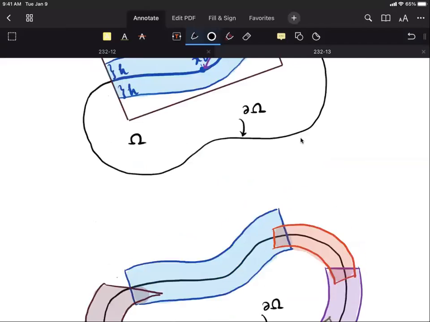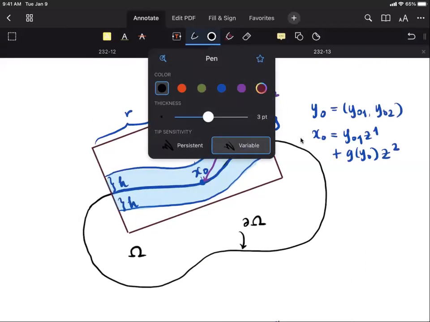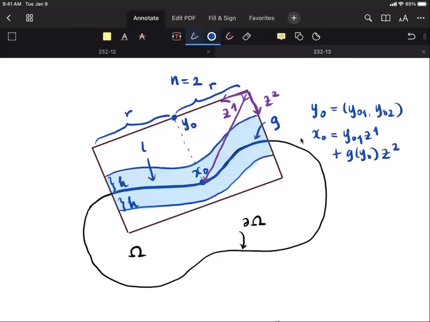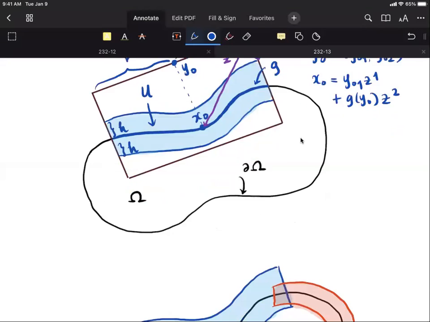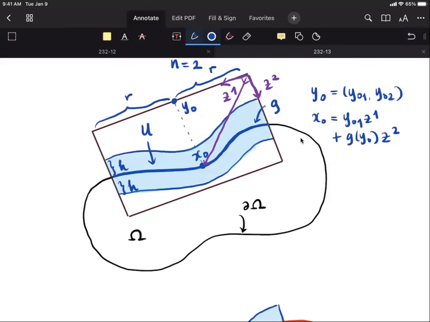Geometrically, this U is the shaded region here. So think of this pair U, g. U is some neighborhood, an h neighborhood, of a portion of this boundary, and g is the curve that determines this boundary or portion of the boundary. So again, U here is the shaded region.